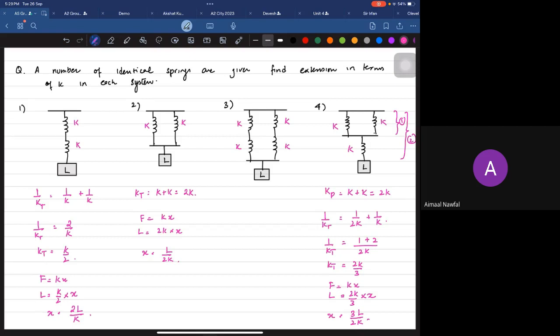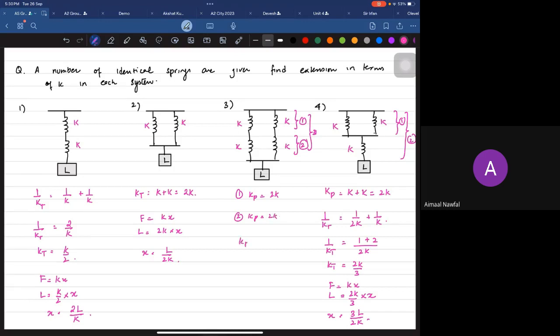For the next one, these are in parallel, and this is also in parallel. And then what I'm going to do is add them together as series in the third step. So for the first step, the parallel k's are 2k. For the second step, the parallel k's are 2k.